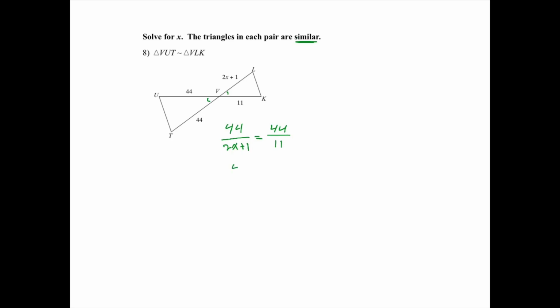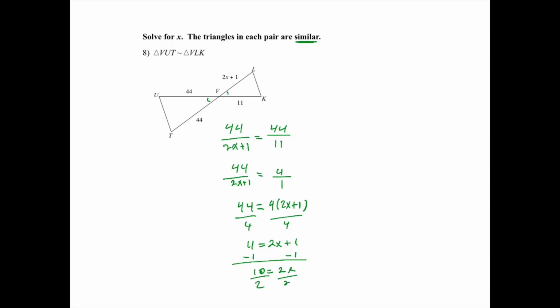So 2x plus 1 equals 4 over 1, and I'm just cross multiplying. So 44 is 4 times 2x plus 1. I can divide here by 4 on both sides, so 11 equals 2x plus 1, so minus 1, 10 equals 2x, and divide by 2, x equals 5.